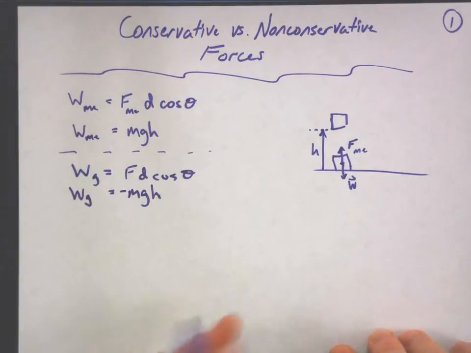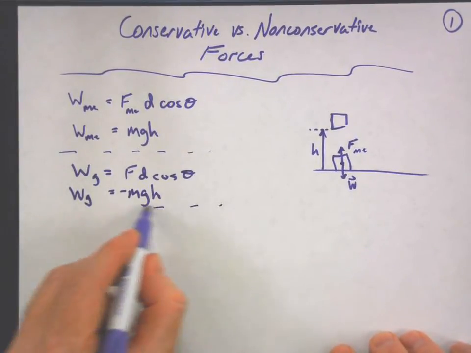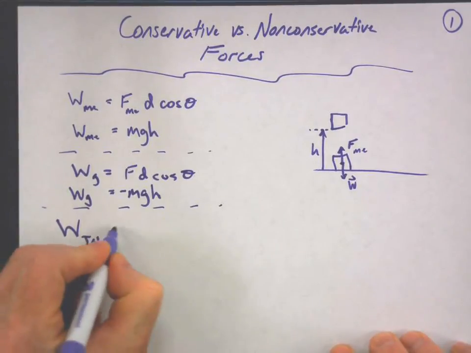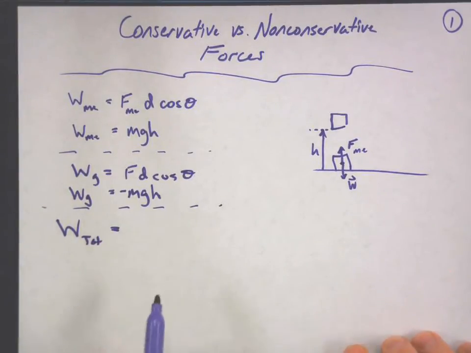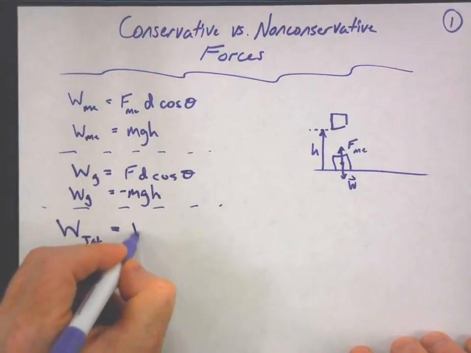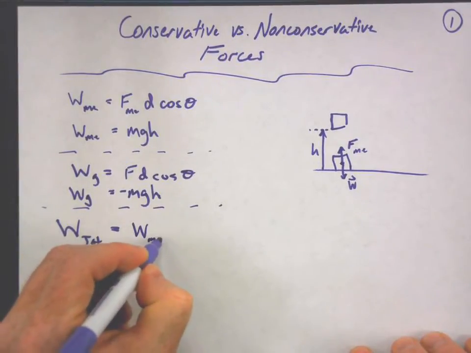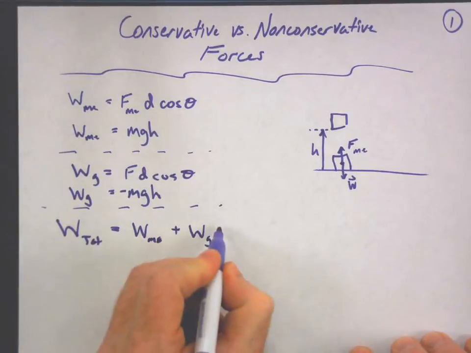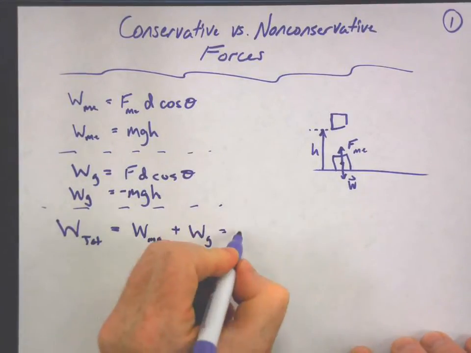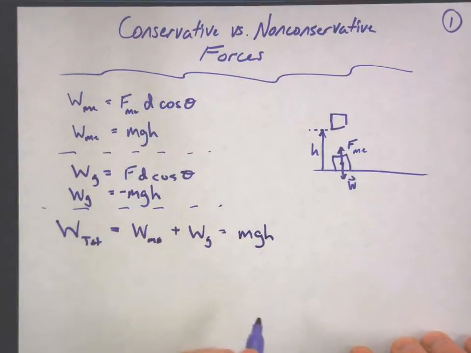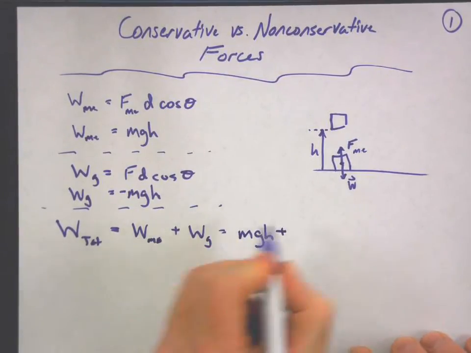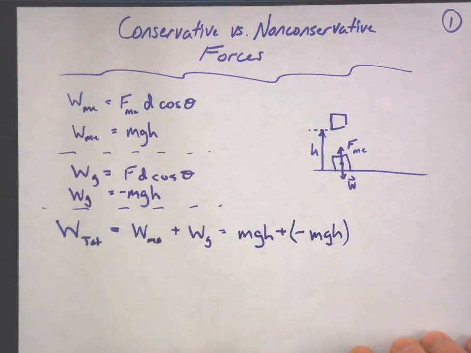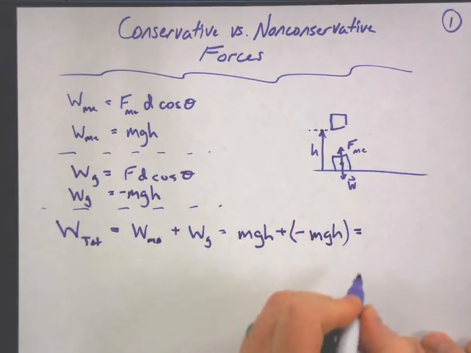Okay, so what about the total work done? Well, it's the sum of all the other work. So it's equal to work by me plus work by gravity. The work by me was mgh. The work by gravity was minus mgh. Well, that's clearly 0.